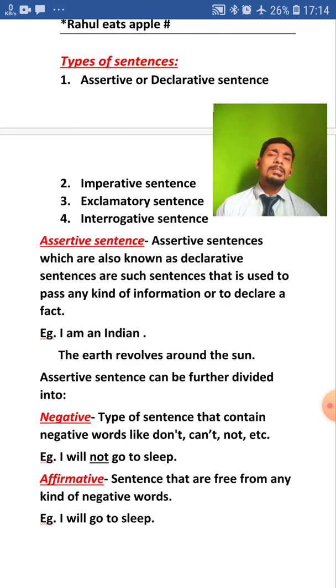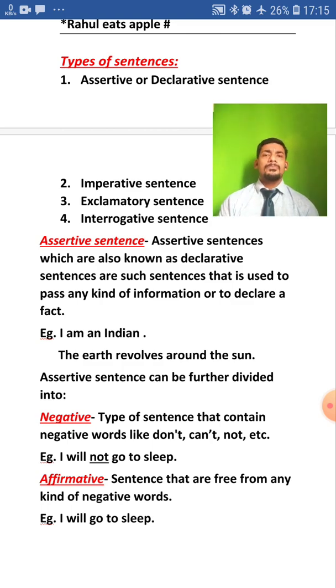Now we will try to understand what are assertive or declarative sentences. As we can see on the screen, I have written: assertive sentences, which are also known as declarative sentences, are such sentences that are used to pass any kind of information or to declare a fact.